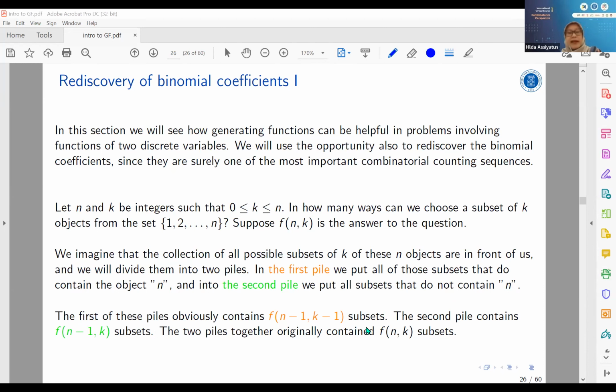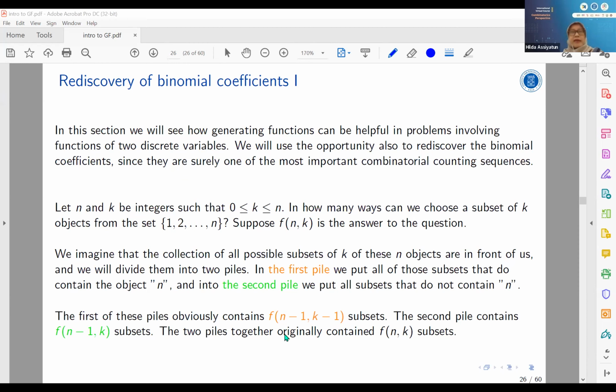Is it correct that in the first pile we will have this many subsets? Yeah, the first pile is those subsets with n. How many are there? This many.